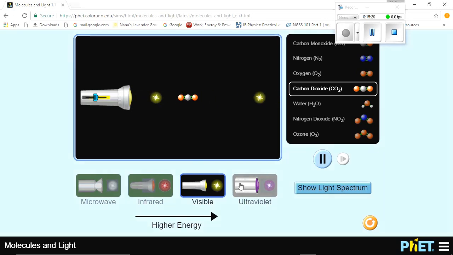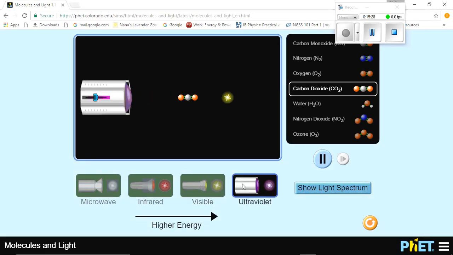And if I go to ultraviolet, those photons have a wavelength that is even shorter still, and they manage to pass right through the carbon dioxide molecule.